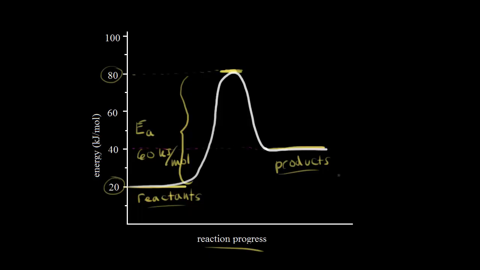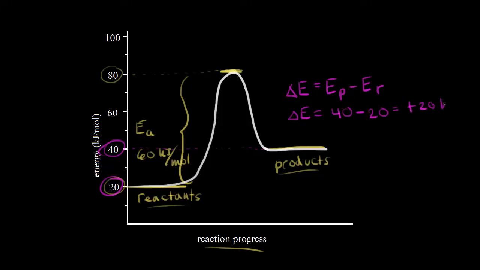So what's the change in energy here? So the change in energy for this reaction, once again, is the energy of the products minus the energy of the reactants. So that would be 40 kilojoules per mole minus, we started out with 20. So 40 minus 20 gives us a change in energy equal to positive 20 kilojoules per mole.